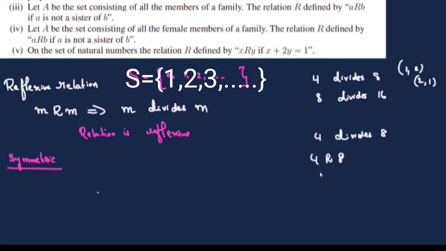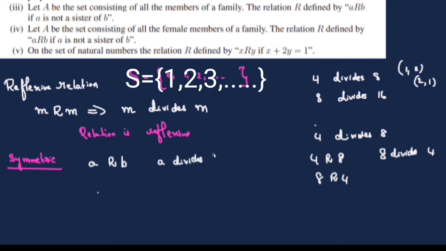Can you say the reverse, 8 is related to 4? No, isn't it? Here 4 divides 8 means 4 should be smaller than 8. 8 cannot divide 4, you get a fraction. 4 divides 8, but the reverse is not true. So A is related to B means A divides B.